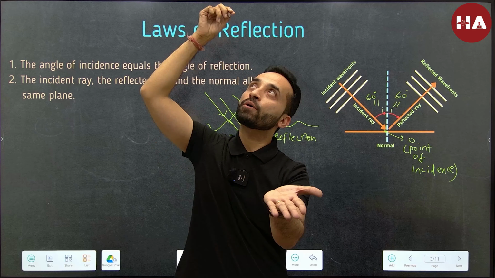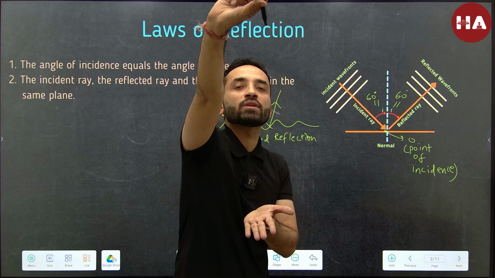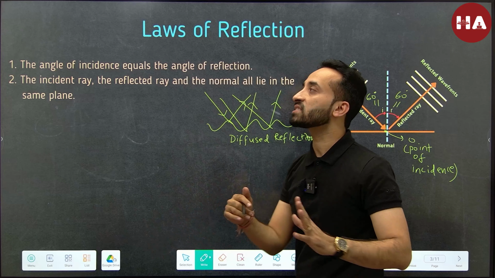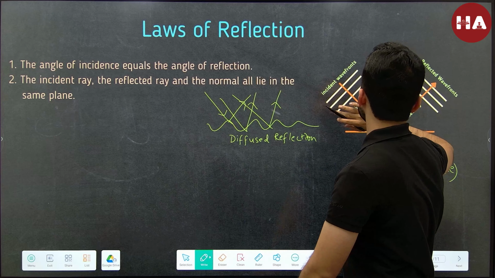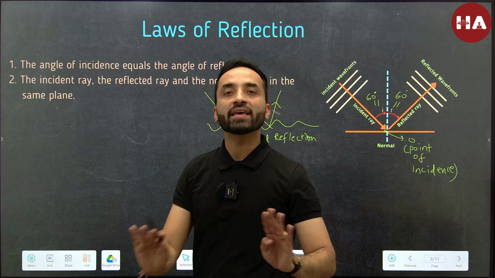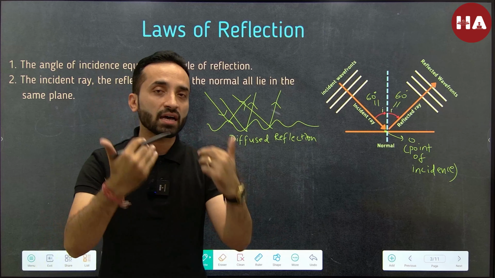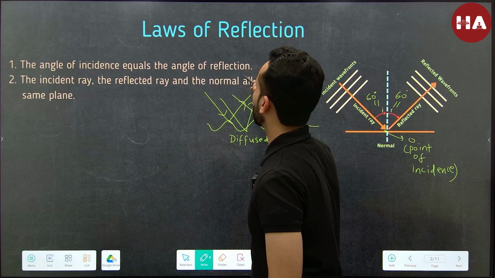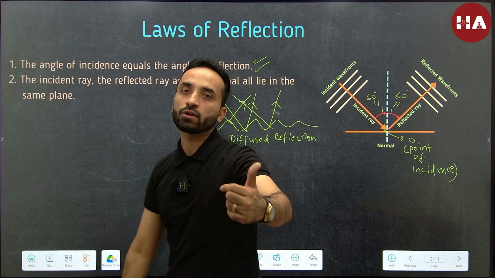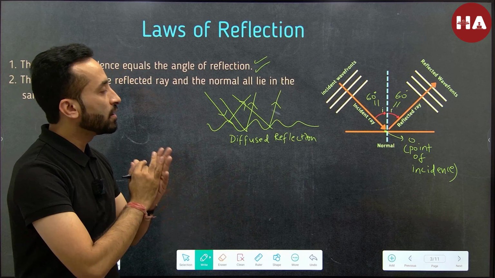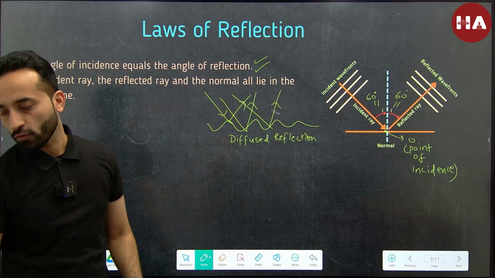If light is coming from here, then the reflected ray has to go like this. All three, incident ray, reflected ray and normal, lie in the same plane. This is another law of reflection, but today what we are focusing on is the law that the angle of incidence is equal to the angle of reflection. Write everything, then we move forward.